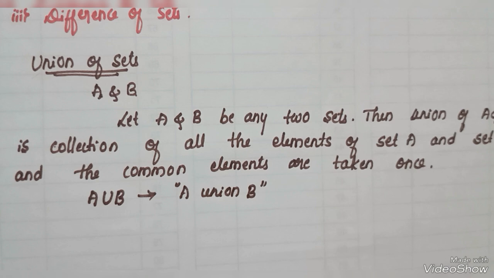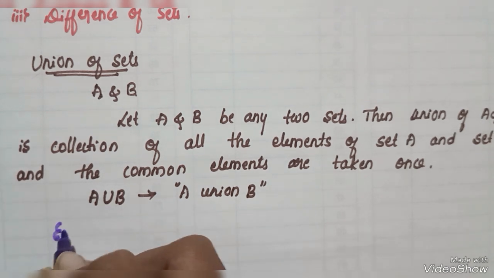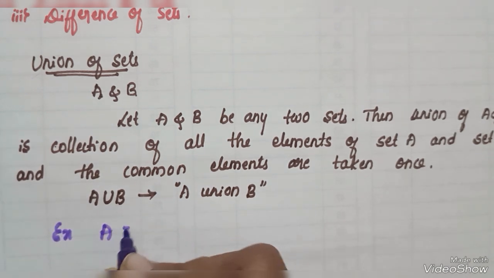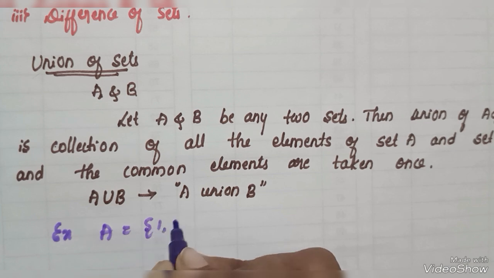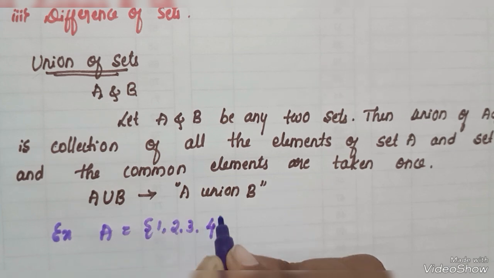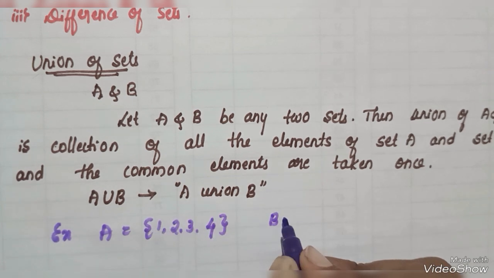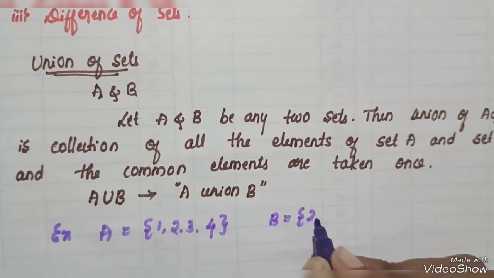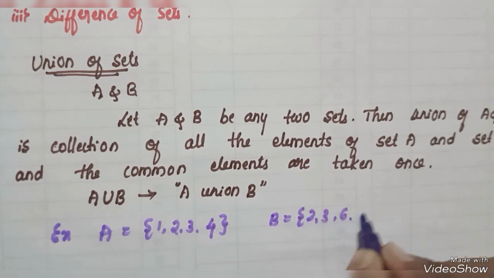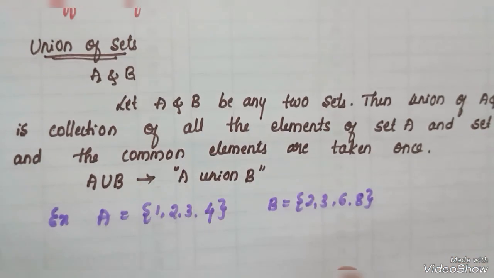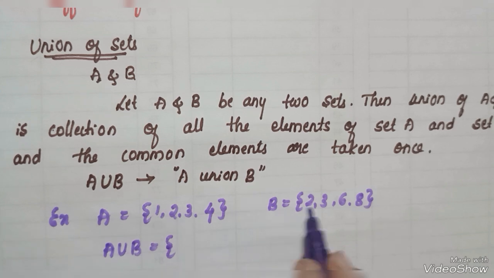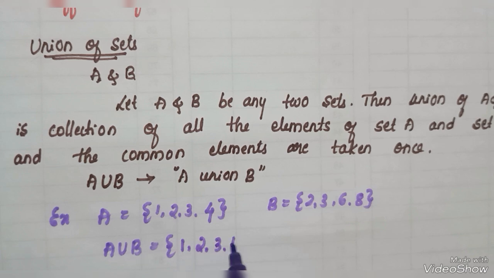Here I am considering one example. Set A contains the elements 1, 2, 3, 4 and set B contains the elements 2, 3, 6, 8. Then A union B means all the elements of A and B. First I write the elements of A: 1, 2, 3, 4.